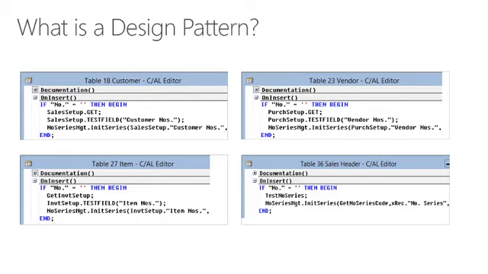The same in vendor. If the number is blank, it goes to purchase setup. It gets the vendor numbers number series, and it gets the next number. The same applies to items, to sales headers, to other master tables and document tables. And so the way that that is implemented is called a design pattern.